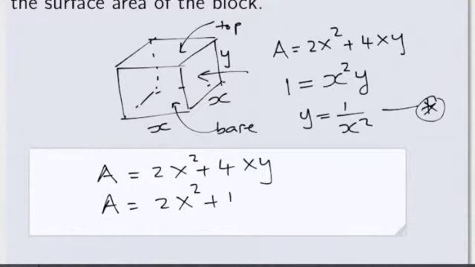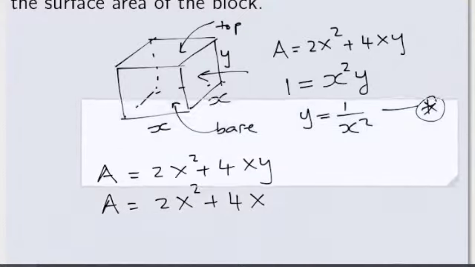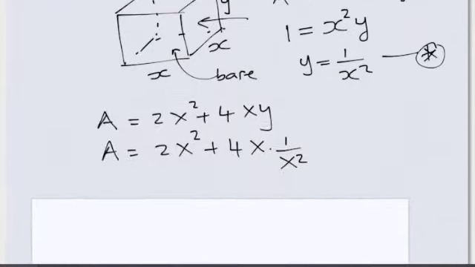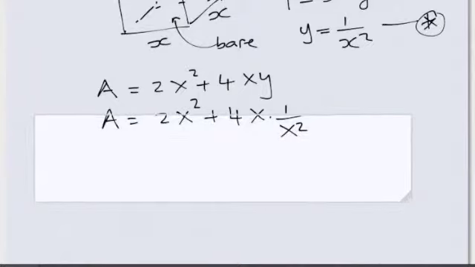So if we substitute for y, where y is 1 on x squared, we now have A in terms of 1 variable: 2x squared plus 4 on x.